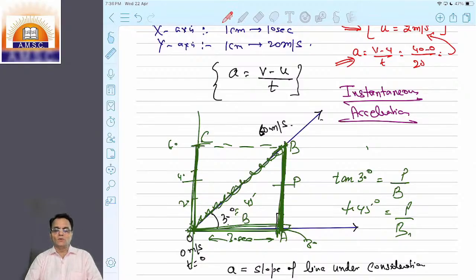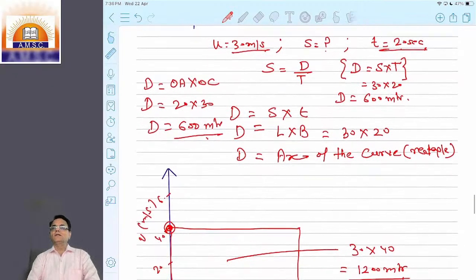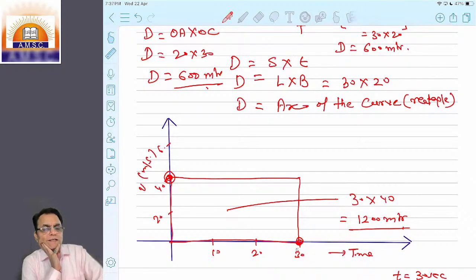तो distance के लिए finally एक sentence लिखो. ये final sentence है आज का.